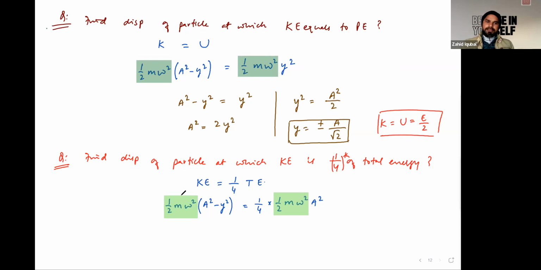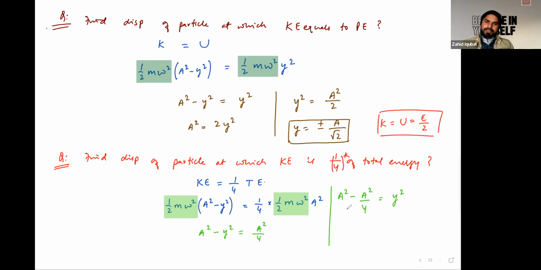This part and this part will get cancelled out. So you're left with a squared minus y squared equals a squared by 4. Move this part to the left side and this y squared to the right side. So you'll get a squared minus a squared by 4 equals y squared.